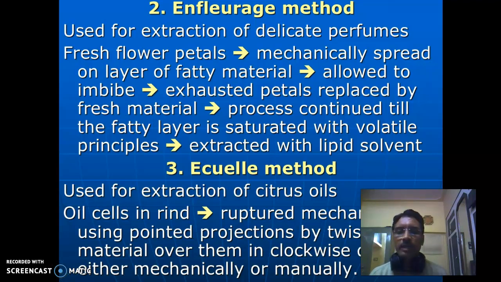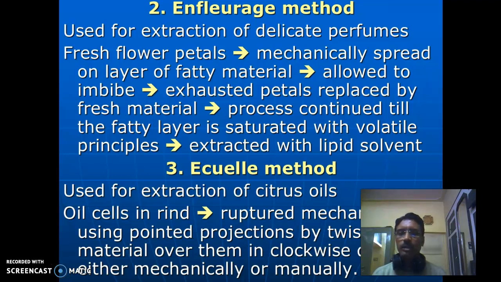Exhausted petals are replaced by fresh material. The process is continued till the fatty layer is saturated with the volatile principle, and at last the fat or lipid is collected and the volatile oil is extracted from these lipids with the help of a solvent.